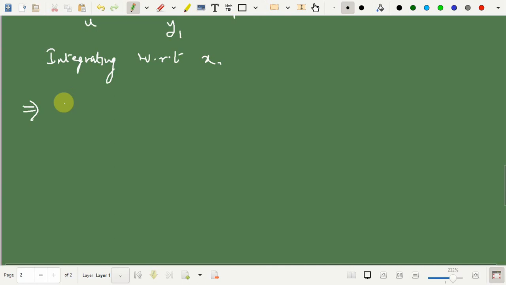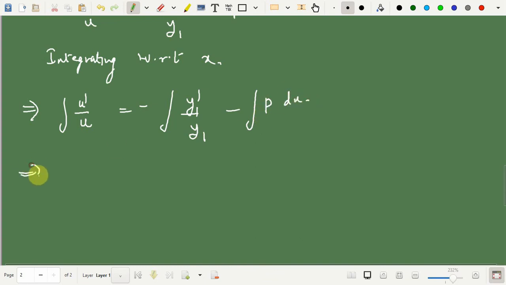Integrating, we get the integral of u prime by u is equal to minus the integral of 2y1 prime by y1 minus the integral of p dx, and so that is same as log of u is same as minus 2 log of y1 minus the integral of p of x dx.